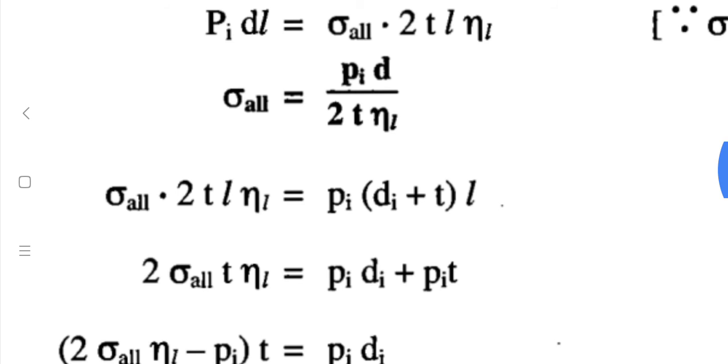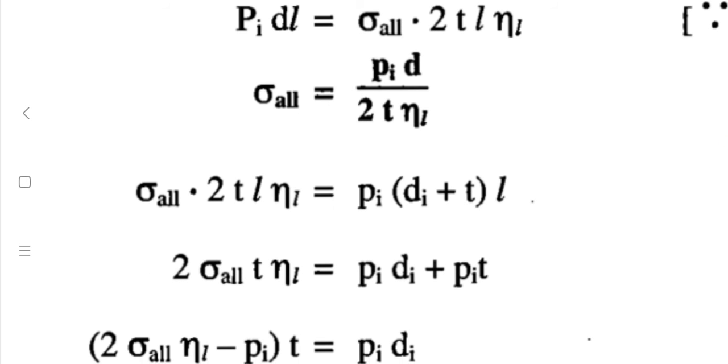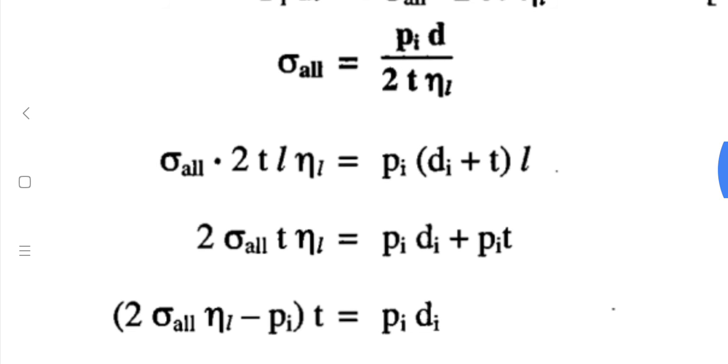Again, by putting the value of D, that is mean diameter, it is equal to Di plus t. We have sigma allowable into 2tL eta L is equal to Pi in bracket Di plus t into L.